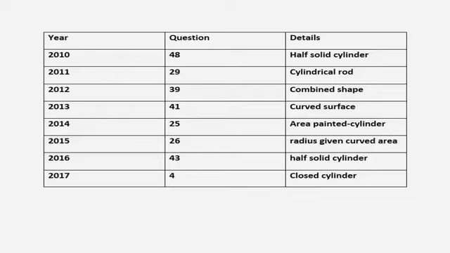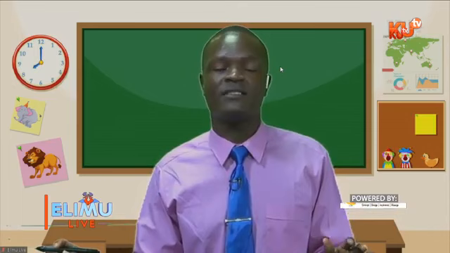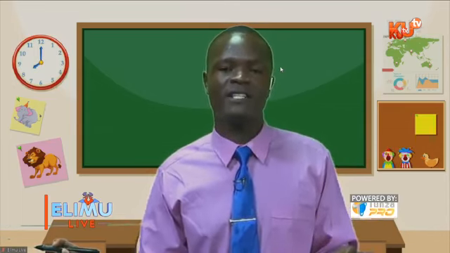I hope by now you can be able to find the surface area of different solids, starting from triangular prism, cube, cuboids, solids, and half a solid, and all the cylinders. So what you just need to do is understand the formula, and then from there you can be able to work it out.